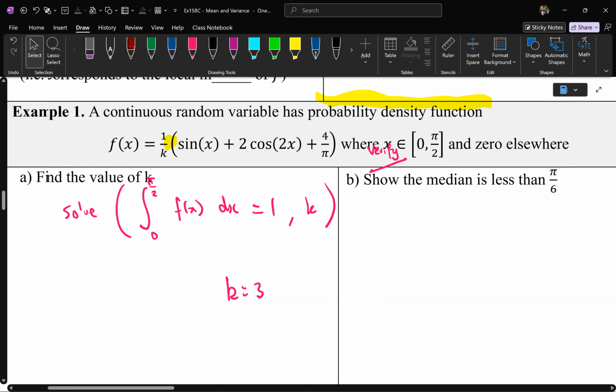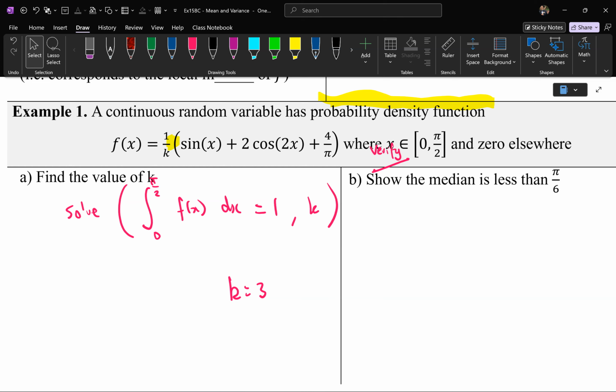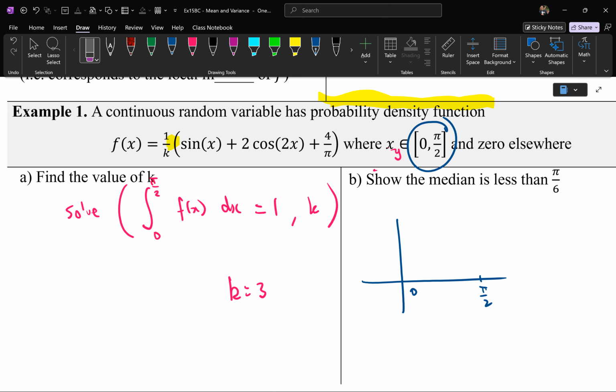What you need to understand is, the first part of the question was find the value of k. You can do this by hand, but you can also do it with a CAS. If you think about this graph, no matter what the function is, picture a random function, between 0 and pi on 2, because it's a probability density function, the area must add up to 1.